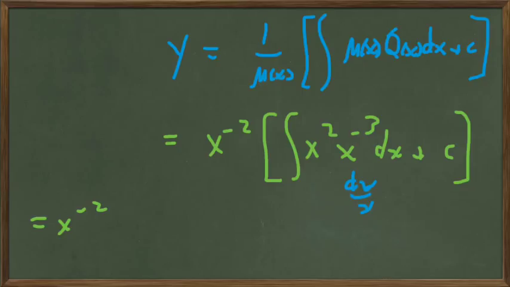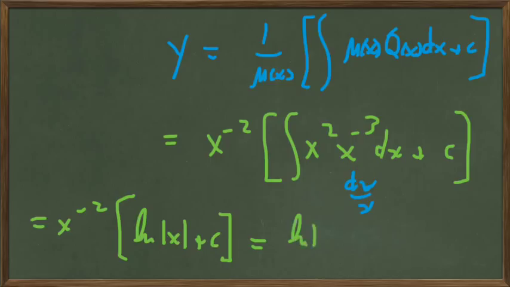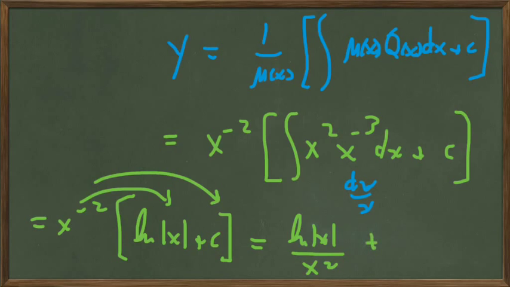So we get what? Times ln of absolute x plus c, and if we distribute that across, we get what? Ln of absolute x over x squared. Remember, we have to distribute that mu of x across both, so it's plus c over x squared, and that is equal to our solution y.